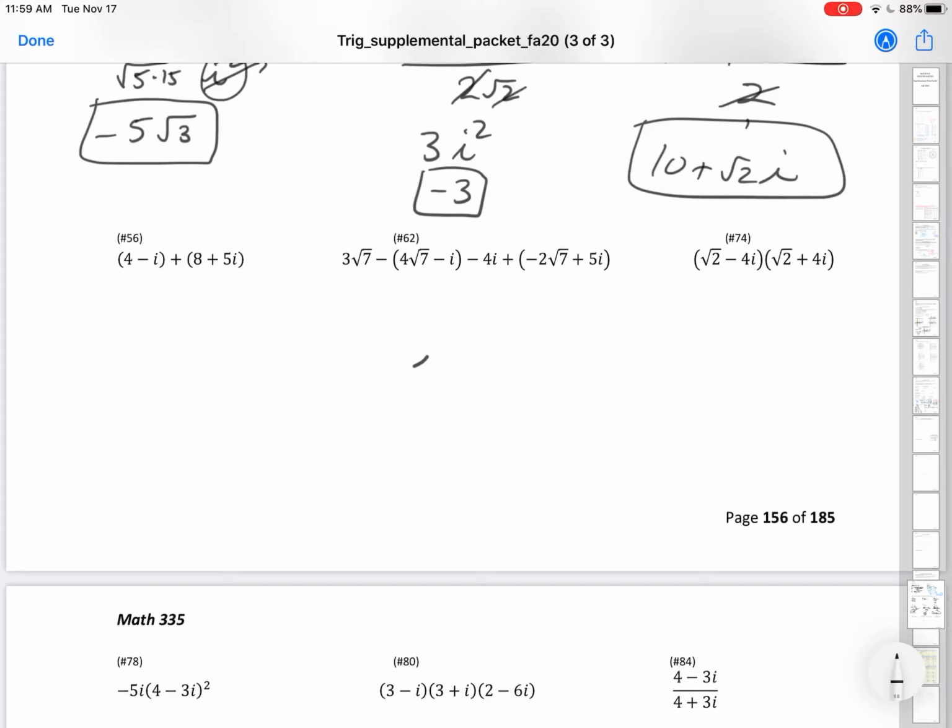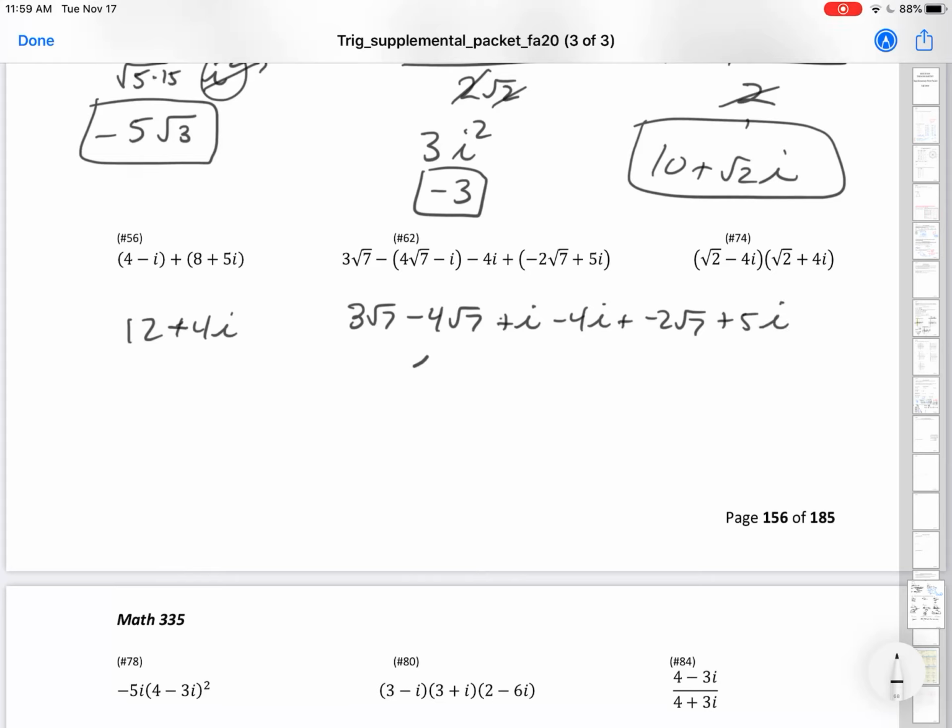This next part's super easy. 4 plus 8, 12. Negative 1 plus 5i, 4i. Done, right? And we get a plus 4i out of that. What's going to happen here? Well, we're just going to be careful with our signs. This is 3 root 7 minus 4 root 7 plus i minus 4i plus negative 2 root 7 plus 5i.